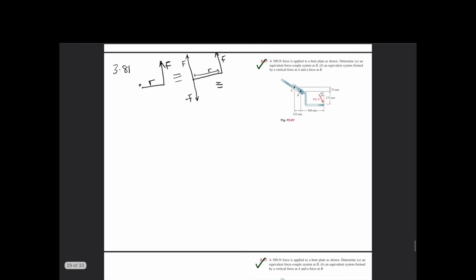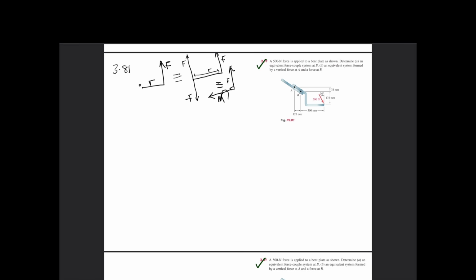It simply means that you can write out this force here, and you can now replace this F and minus F here with a moment here. So M.